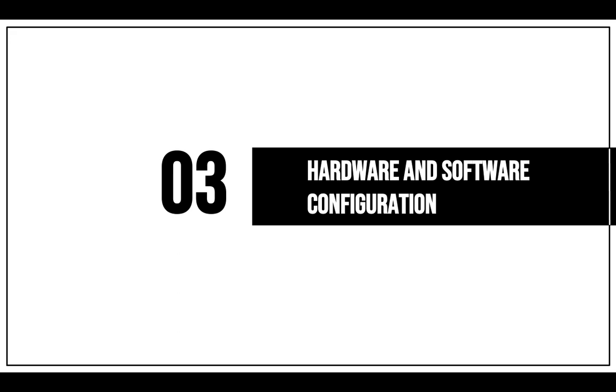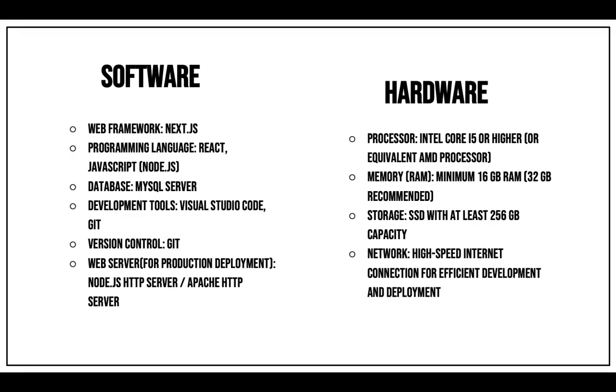For the hardware and software configuration of our system and server, on the software side, our web framework will be Next.js, our programming language will be React and JavaScript, our database will be MySQL, our development tools are Visual Studio Code and Git as our version controller.